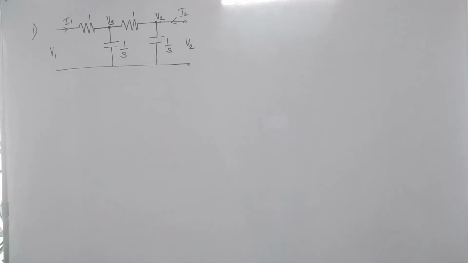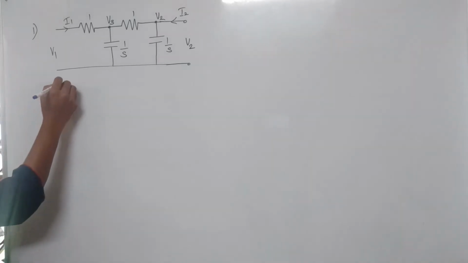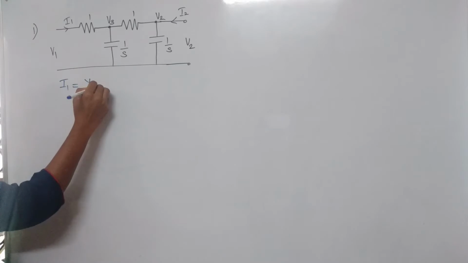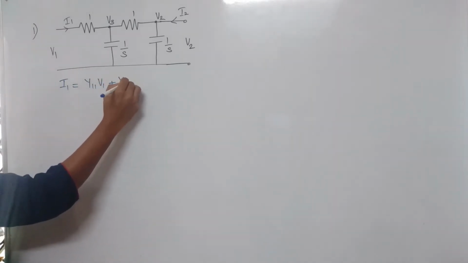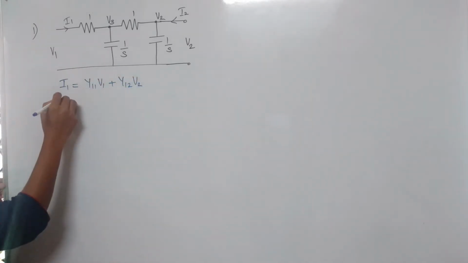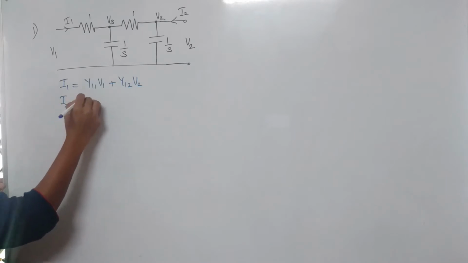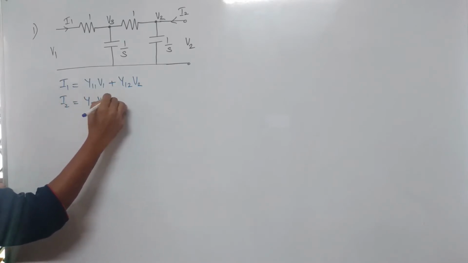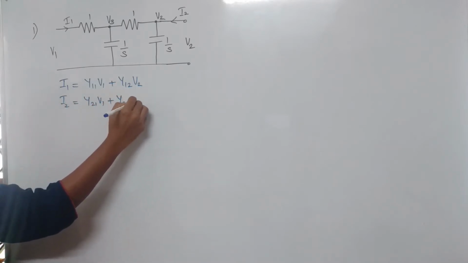The question is to find the y parameters for the given network. The y parameters are defined as I1 is equal to y11 V1 plus y12 V2, and I2 is equal to y21 V1 plus y22 V2.